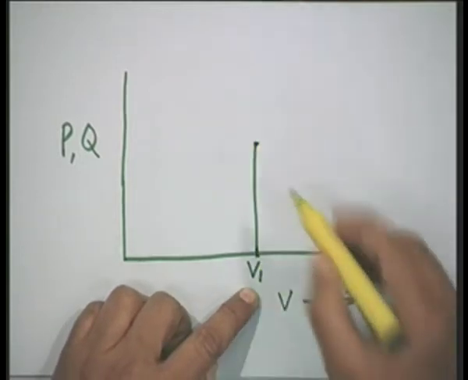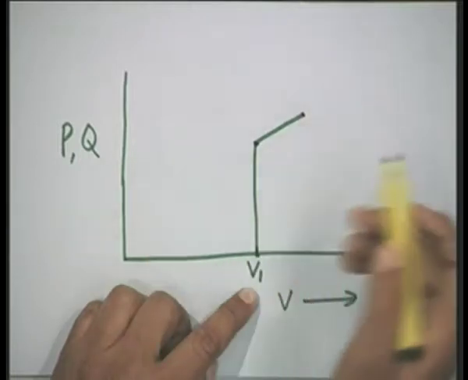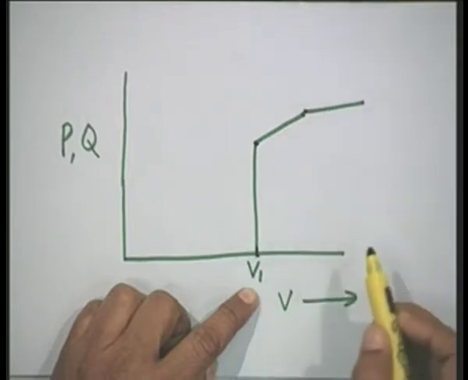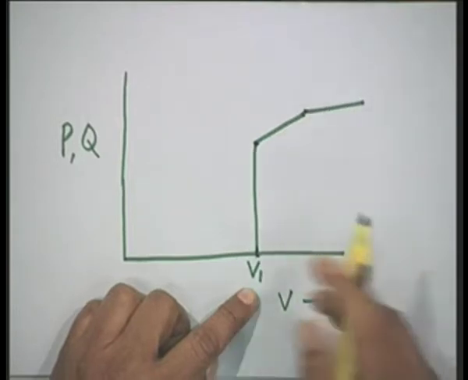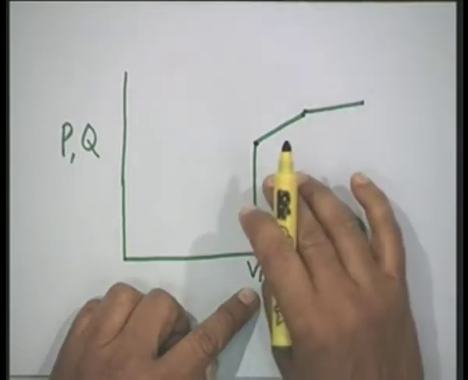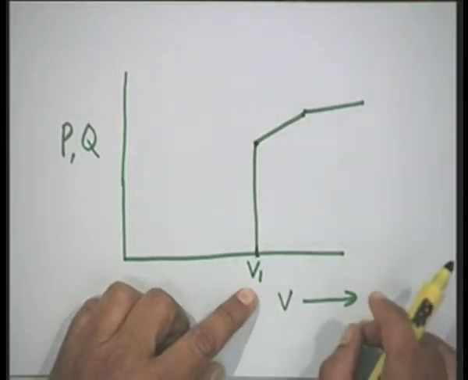Then as the voltage further increases, the power consumed may vary linearly, and by another segment. In fact, you can represent this nonlinear characteristic by a piecewise linearized model.